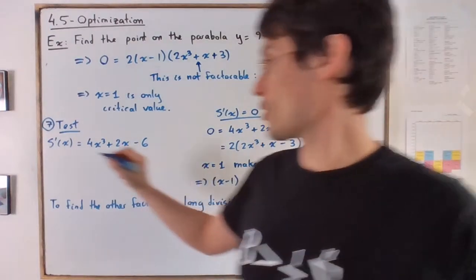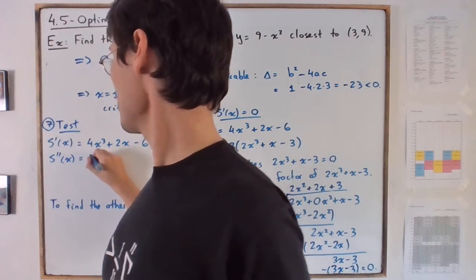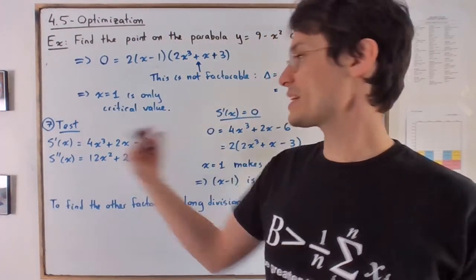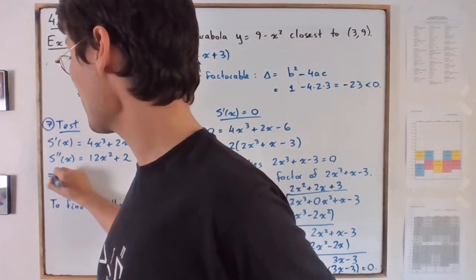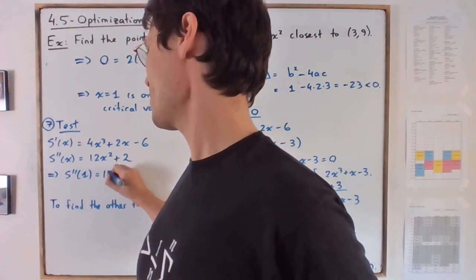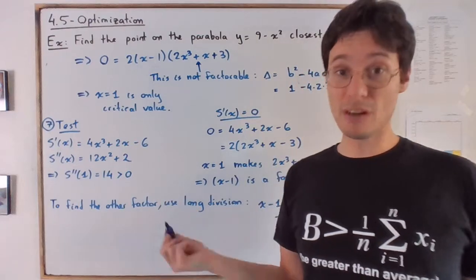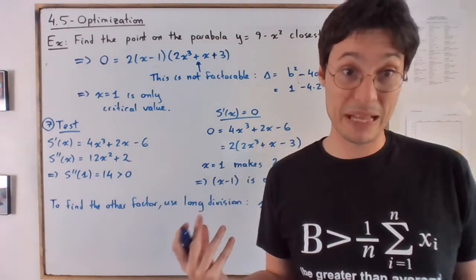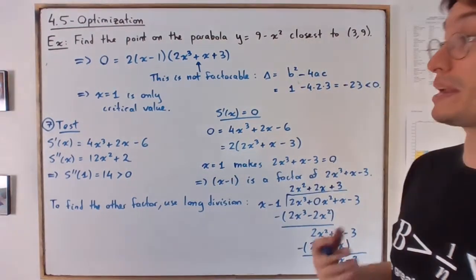And now we're going to perform the second derivative test. So s double prime of x is going to be 12x squared plus 2. As you can see, regardless of x, it is positive. But just to get a complete setup, s double prime of 1 is going to be 14, so that's positive, which means that this critical value gives rise to a relative minimum, which then turns out to be the absolute minimum because it's the only relative minimum.